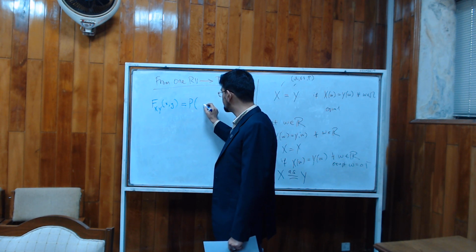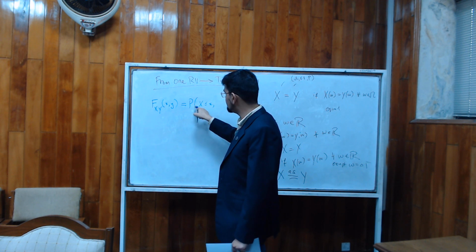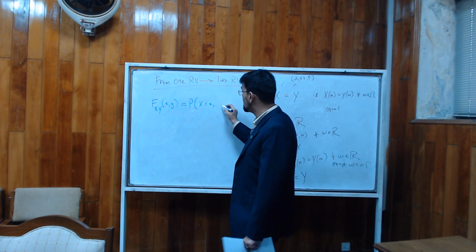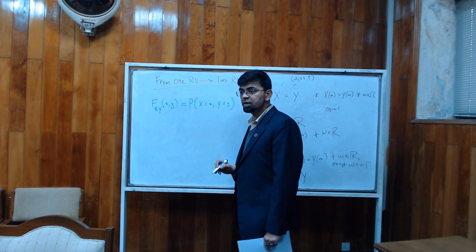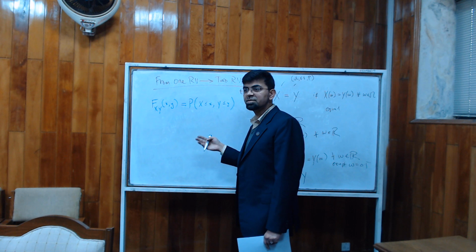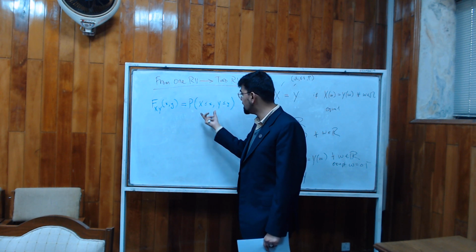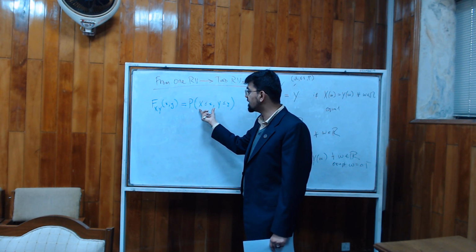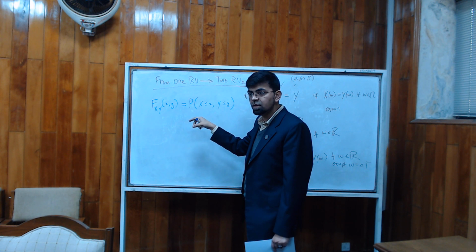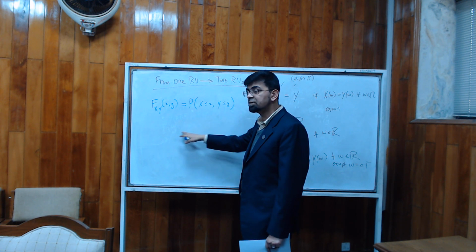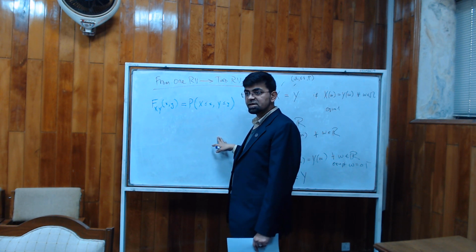Minus infinity less than or equal to x, so X is less than or equal to x. And Y is less than or equal to y. This is like probability of A and B. What are the A? Event A is that X happens to be less than or equal to x, meaning it lies in the interval minus infinity to x.